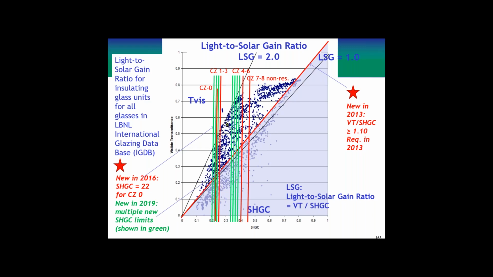All these dots are a different glass. So you can see that if you're in climate zone 7 and 8, you can use any of these glasses, any of these fenestrations, any of these glass windows between here and there. But if you're in climate zones 1 through 3, you only can use this group. So you've got less to choose from.